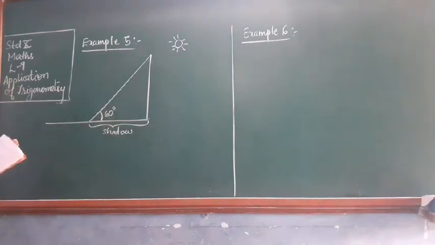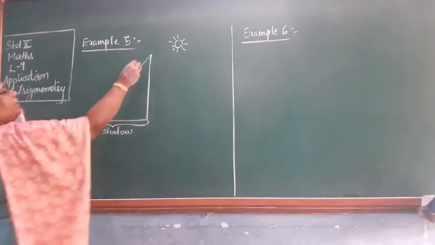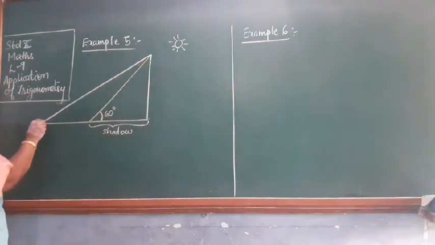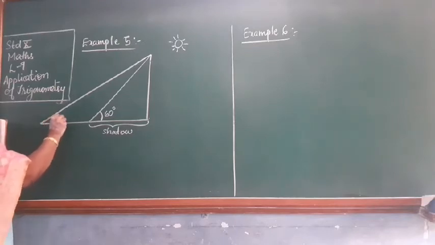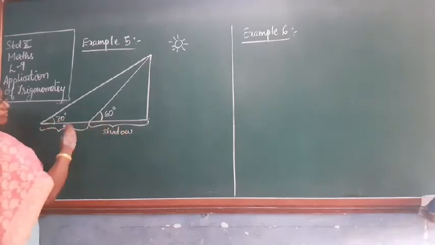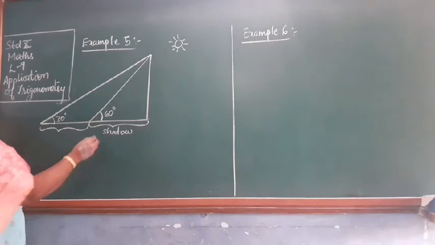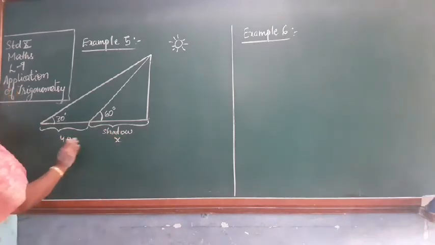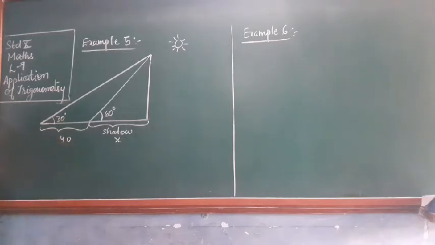Now, when the angle becomes 30 degrees with the ground, the length of the shadow becomes 40 more than what it was earlier. That means if this was x, then this will become x plus 40. So this much is 40.